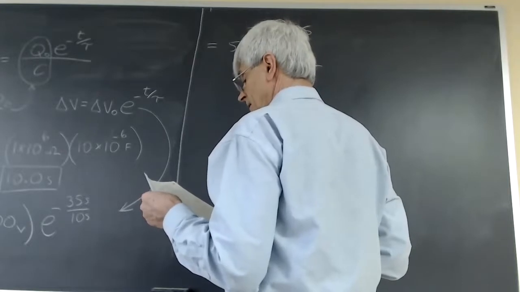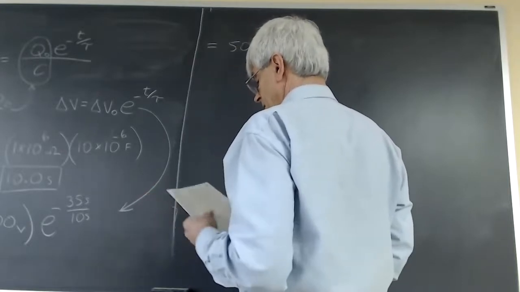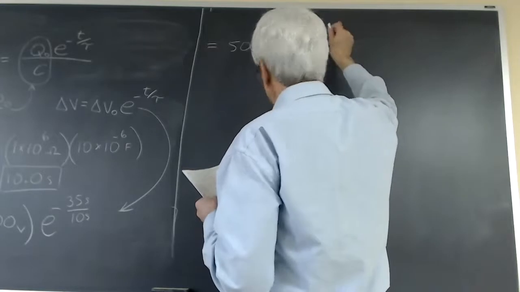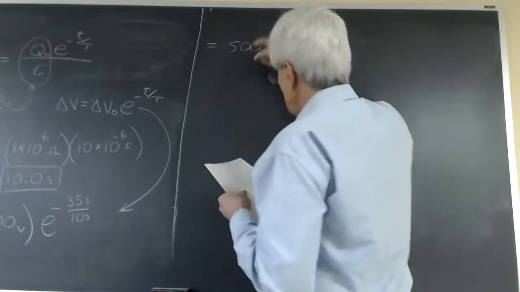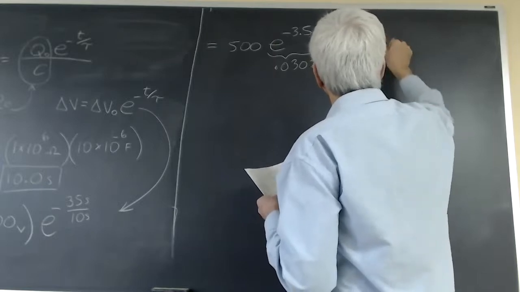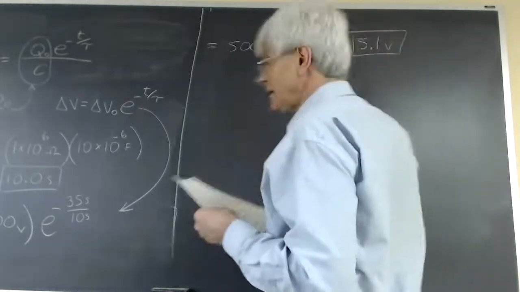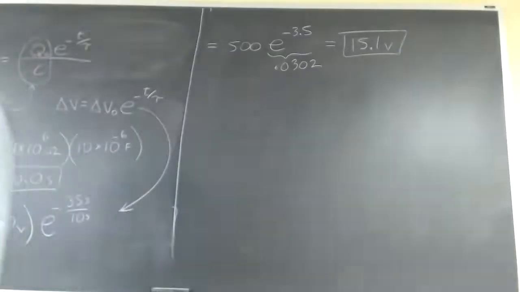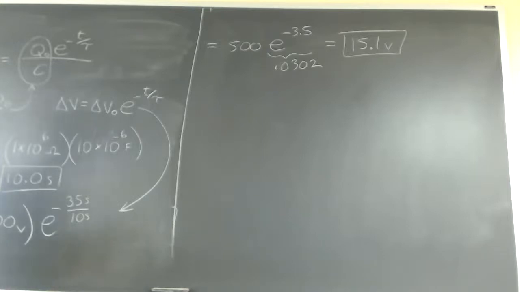If you've been having any trouble getting the right answer, that's what you should have gotten for that part of it. You multiply that by the 500 volts. That should give you 15.1. So after 3.5 time constants, there's still 15 volts on this thing.